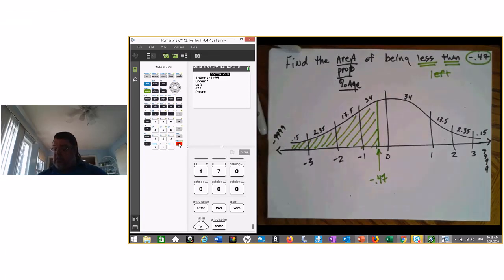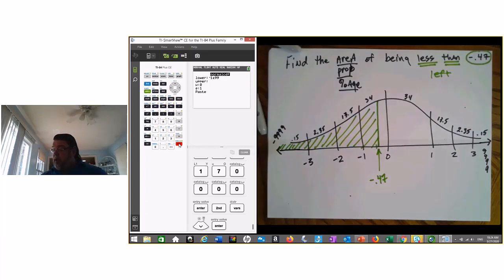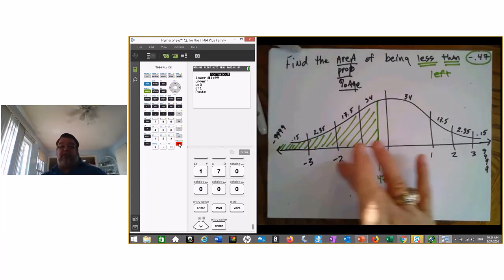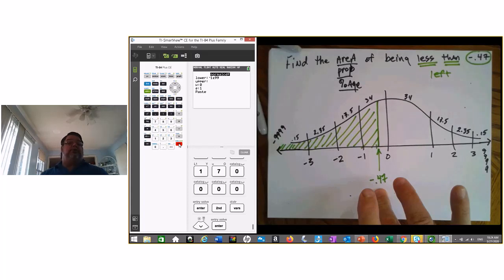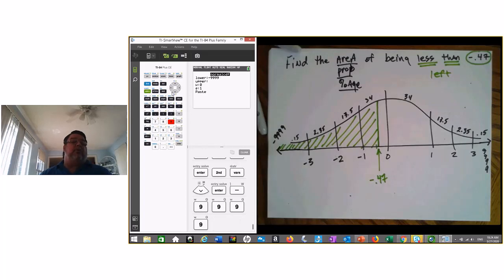So my lower bound is going to be negative 9999, and my upper bound is going to be negative 0.47. So I type in negative 9999. I can't use my keyboard on everything. And negative 0.47. And paste. You'll have to excuse me.